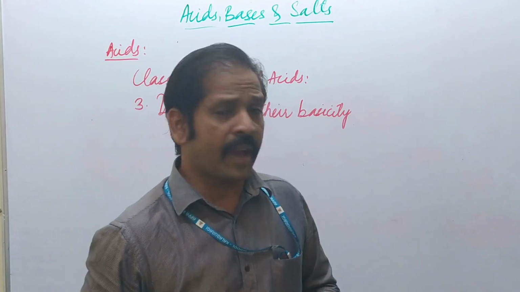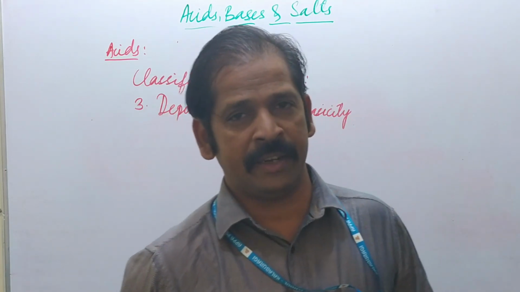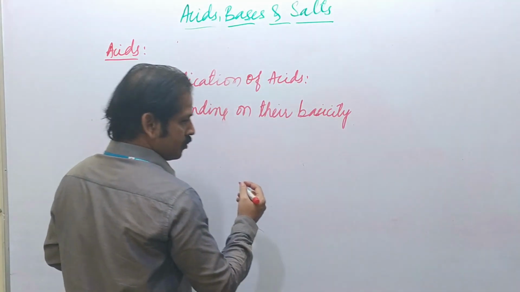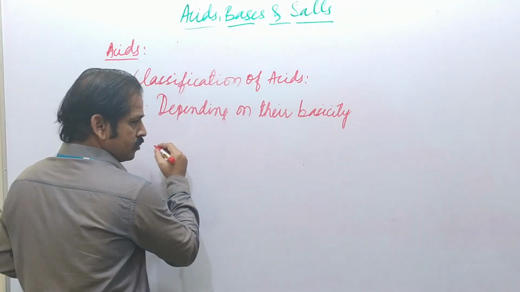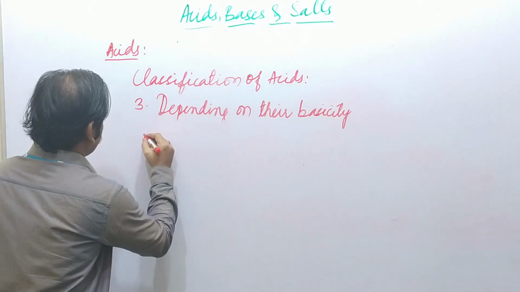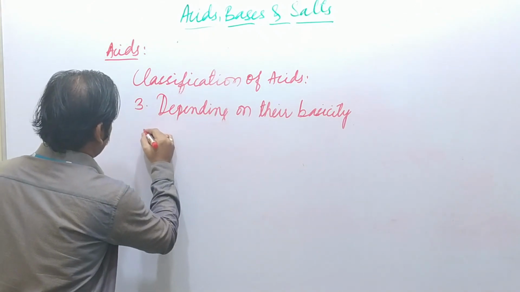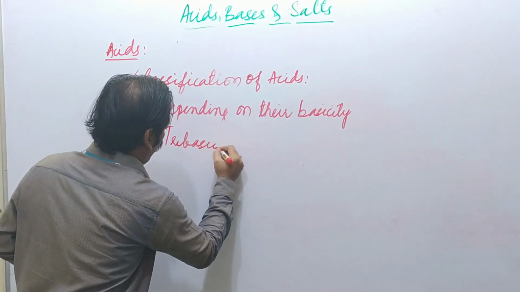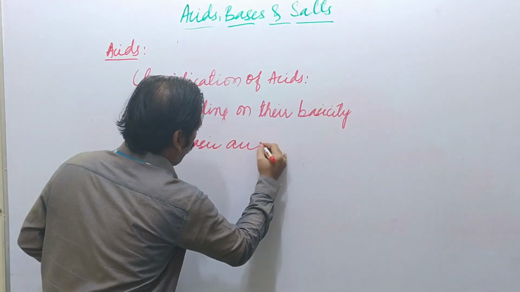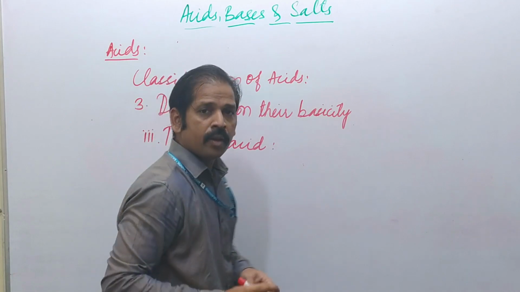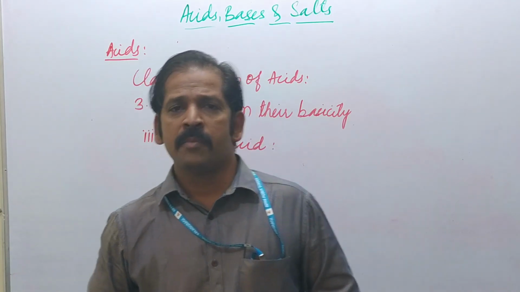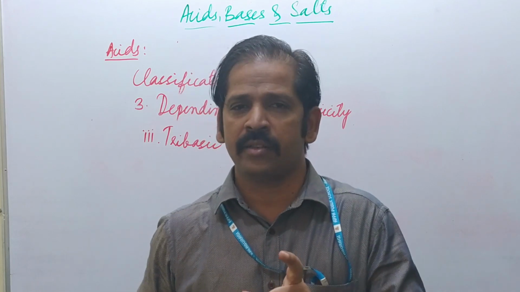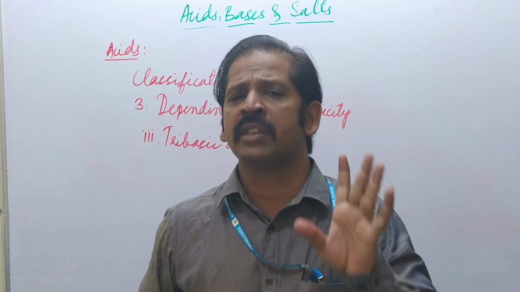And the third type is the tribasic acid. Yes, in this acid, we need a minimum of 3 hydrogen atoms.